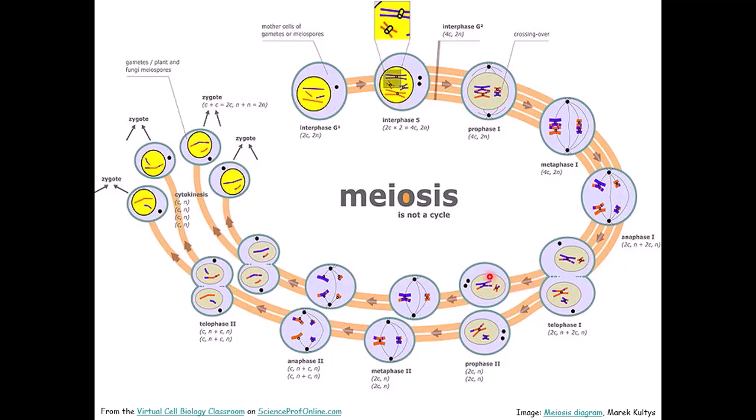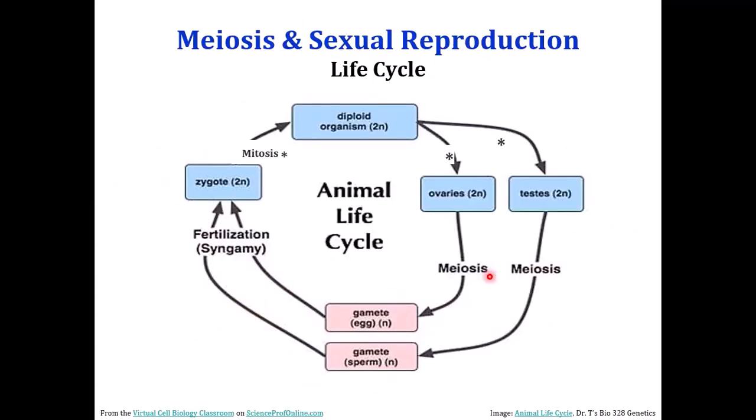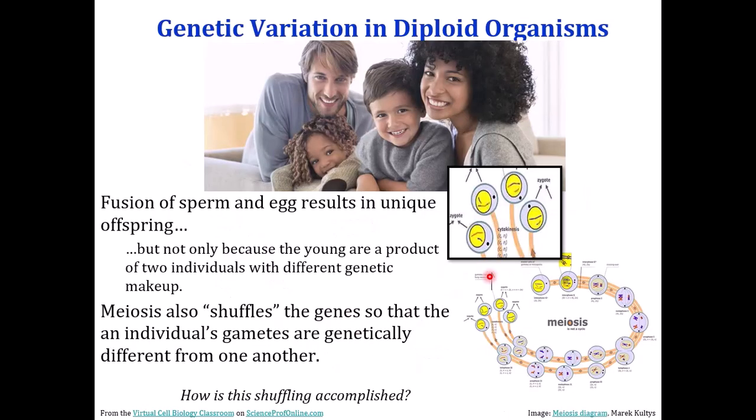Immediately after telophase 1 and cytokinesis, there is prophase 2. Prophase 2 is just mitosis, so exactly everything that happens in mitosis happens in meiosis 2. We'll not dwell on that.